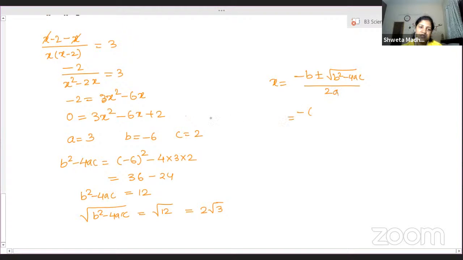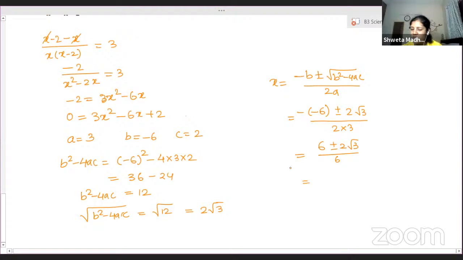So minus b means minus of minus 6 plus minus the square root of b square minus 4ac we already got, that is 2 root 3, divided by 2 into a, that is 3. Plus 6 plus minus 2 root 3 by 6, right?